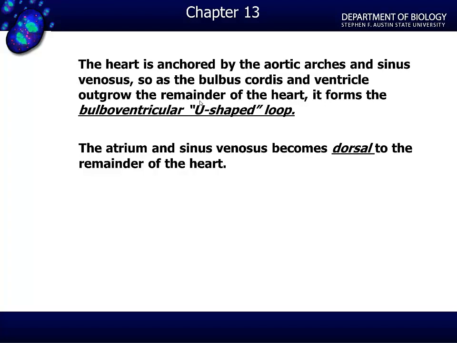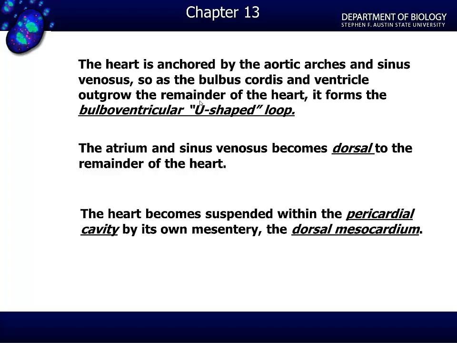Now, as we do this U-shaped looping, the atrium that was caudal, as well as the sinus venosus, is going to move to a more dorsal position, and it's going to continue to move until the atrium is actually in a superior position relative to the ventricle. Now, we saw in an illustration, and we'll see it coming up again, that at this point our heart, even with the U-shaped bending, is still suspended within our pericardial cavity by the dorsal mesentery.